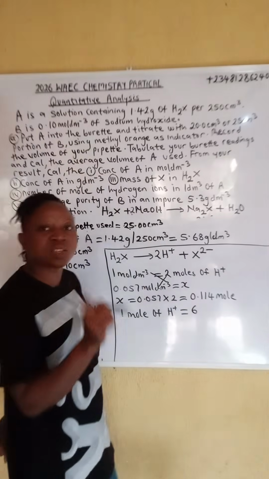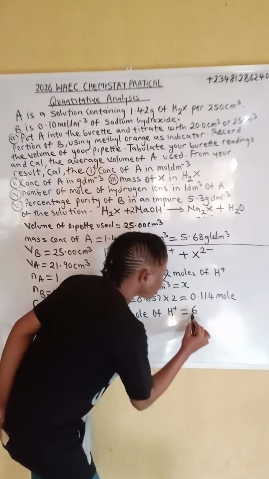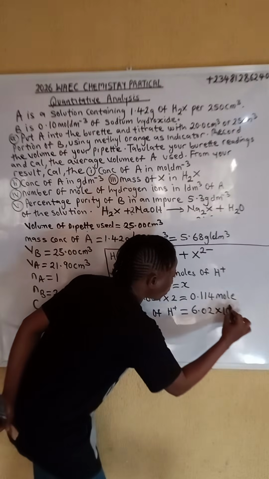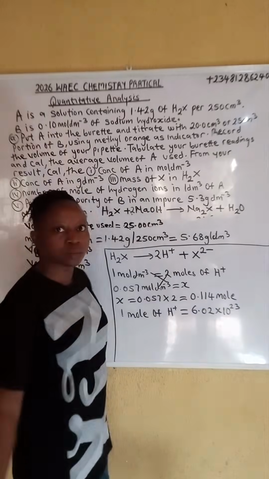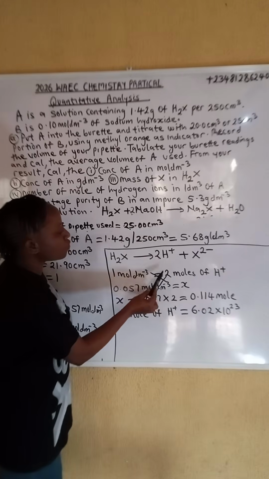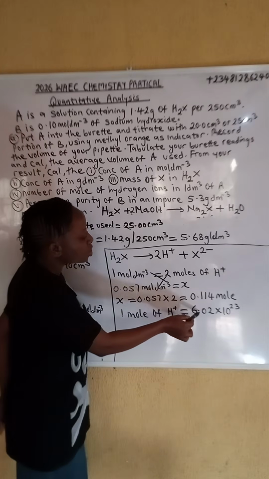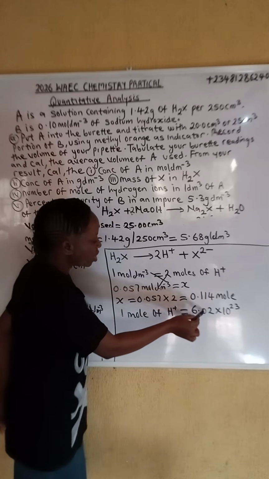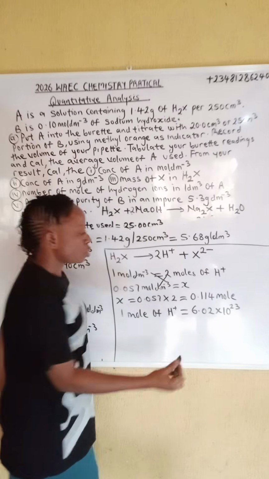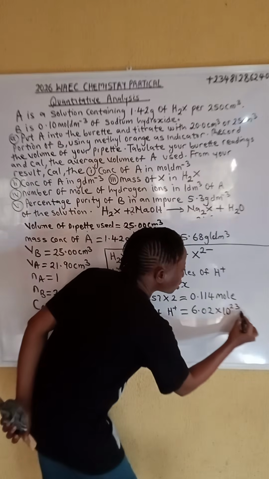Avogadro's constant is a constant value, that is 6.02 times 10 raised to the power 23. So what will now be the number of ions? Avogadro's number is the number in 1 mole of any ion. So we are going to call this what?